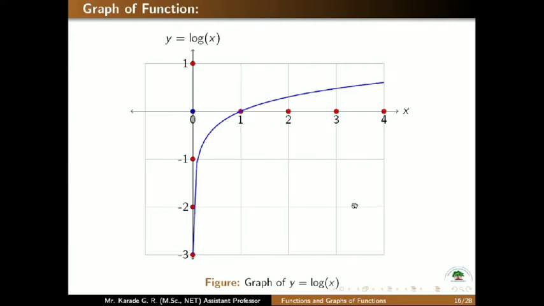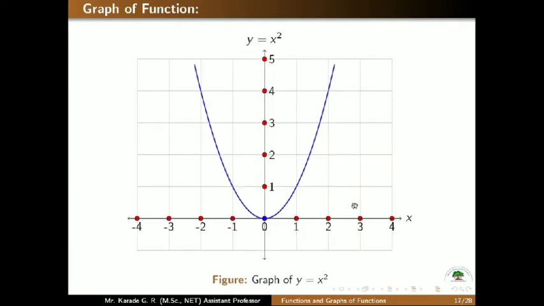Now next we see the graph of the function y equal to x square. This is also a positive function, that's why its graph lies above the x-axis. See here, this graph also has two parts. The first part is in the first quadrant and the second part is in the second quadrant.